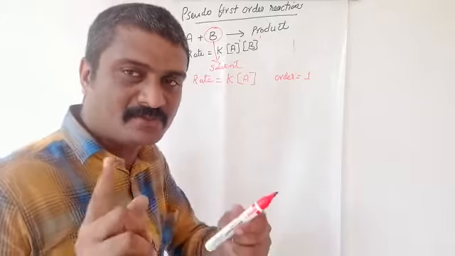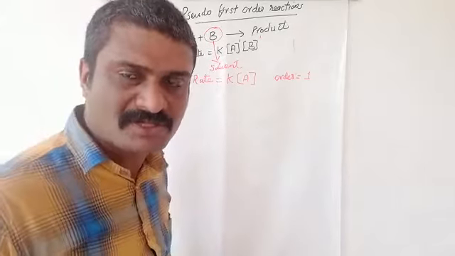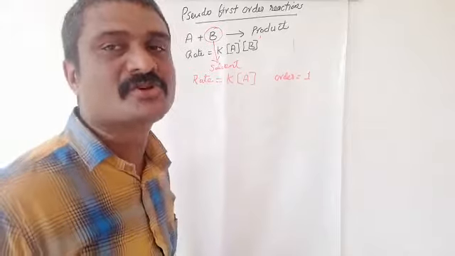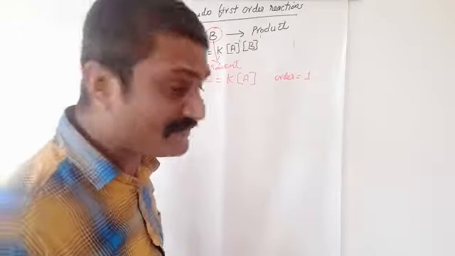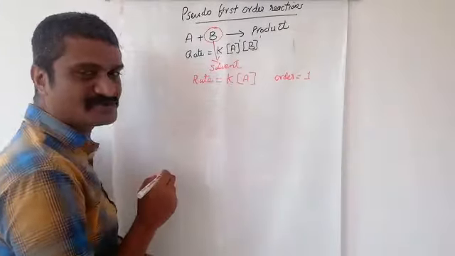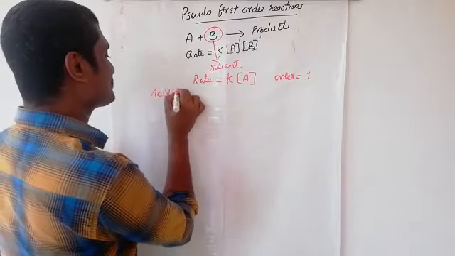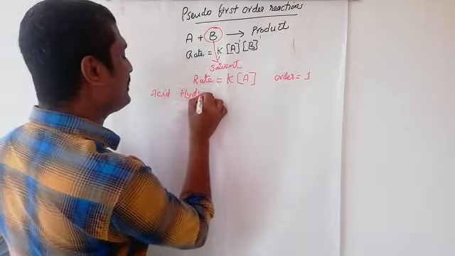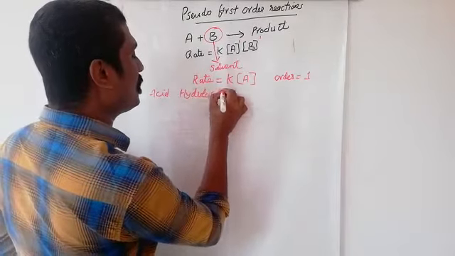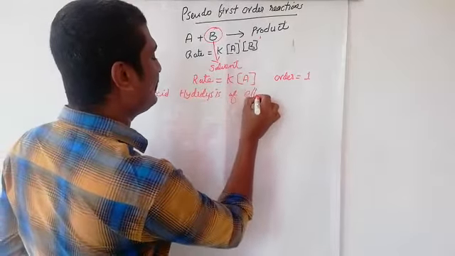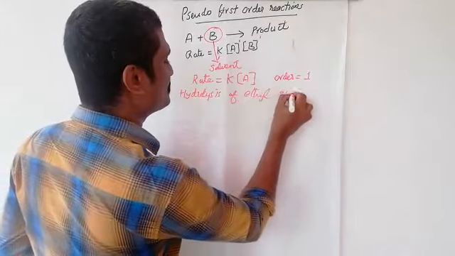Now I am going to give you two very important examples for pseudo first order reaction. The first standard example is acid hydrolysis of ethyl acetate.